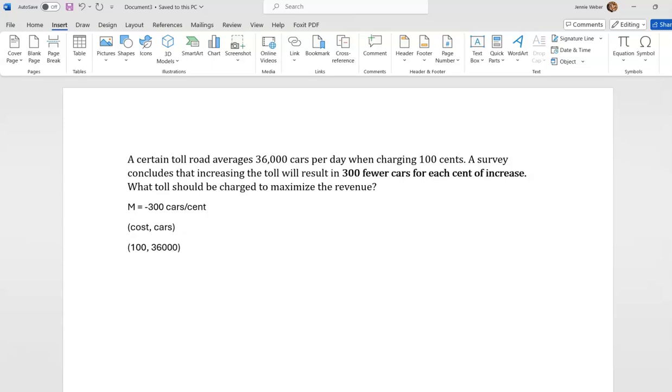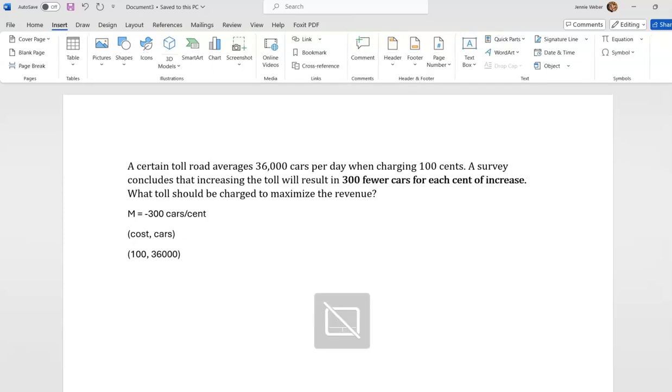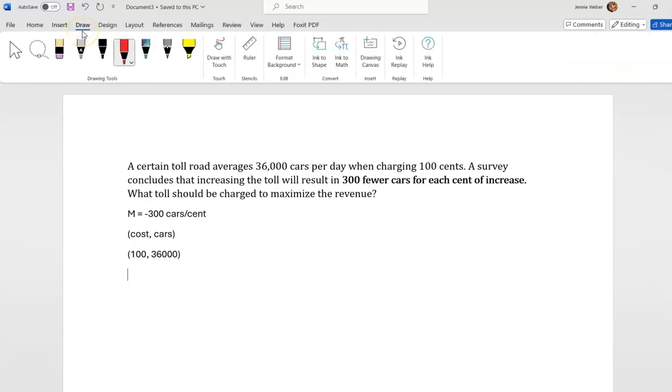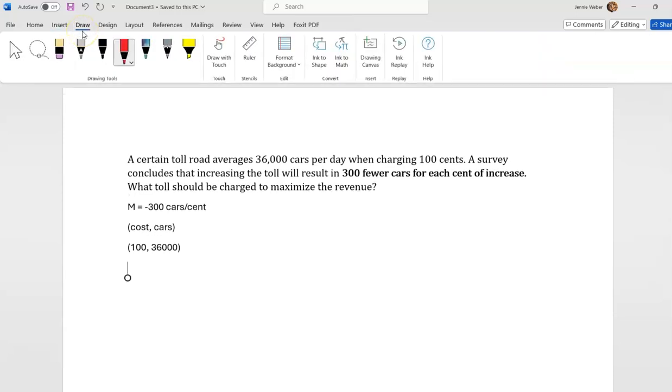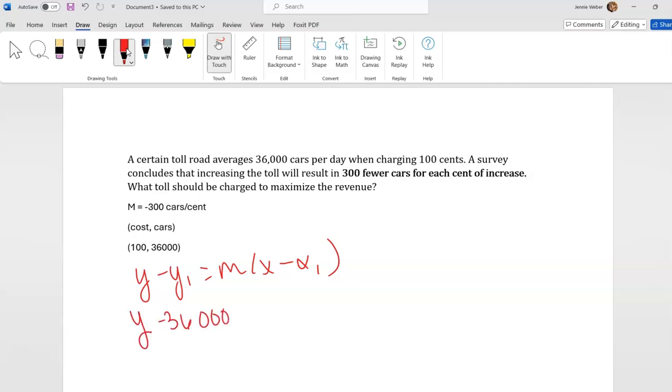So I can write an equation. I'm going to use point-slope form, because I have the slope and I have a point. y minus y1 equals m times (x minus x1), our old trusty point slope. So y minus 36,000 equals negative 300 times (x minus 100).